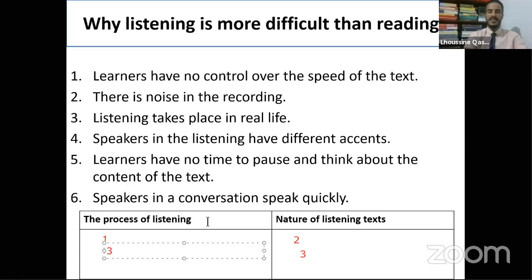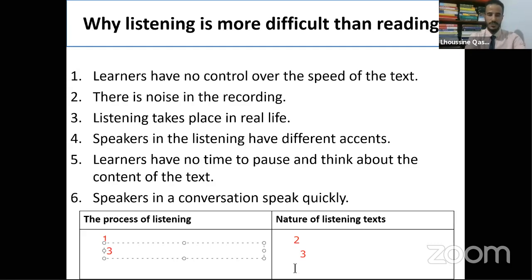Now, speakers in the listening have different accents. Is it 1 or 2? Yeah, very confusing, okay. But here the majority said number 2.